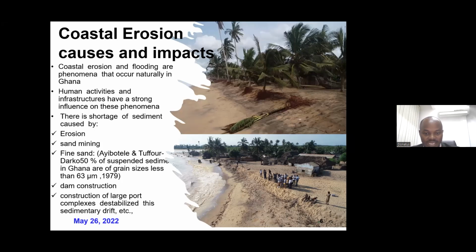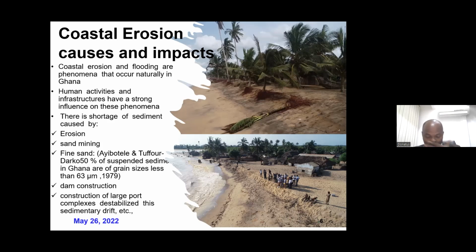As already presented by the various talks, we have dam construction, we have construction of ports and harbors, and we have sand mining, and these are human interventions for the benefit of human beings, but they also have what? Consequences for the coastline. As has already been said, sand mining will definitely result in loss of sediment.